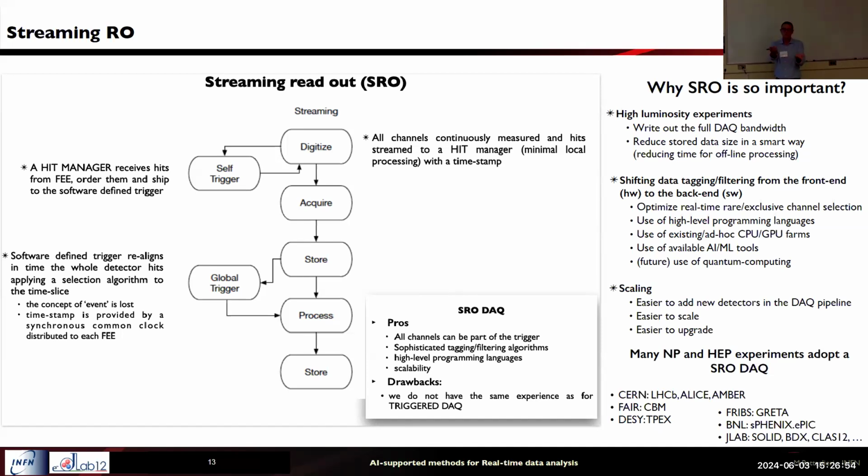What does TCP/IP do? Exactly the same thing. It's making packets and streaming them out, and you have on the other side a socket that gets these packets and puts them together into what you are transmitting. Same thing here. So you can use the same technology that is used in networking, taking advantage of the rapid and massive evolution of networking.